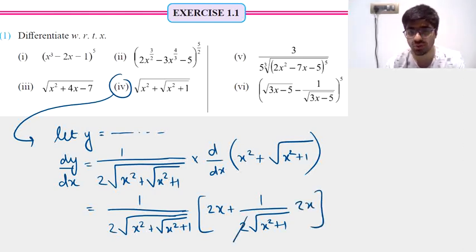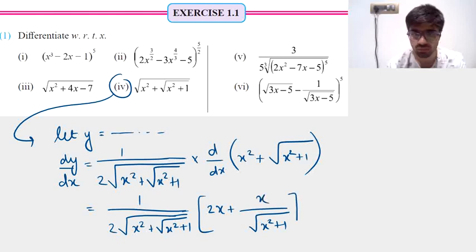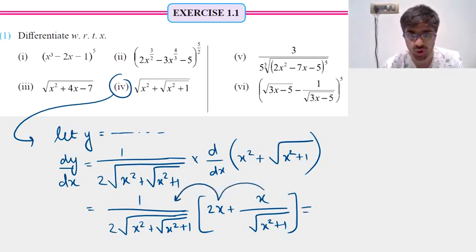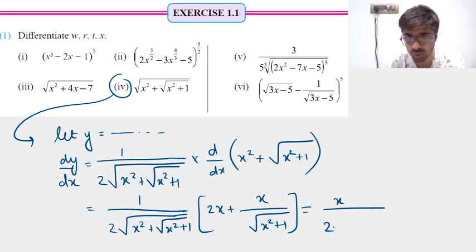And yeah, I can cancel off the 2 here, and finally we are left with only an x in the numerator. You can simplify that and write your final answer as, okay, you can pull out an x common from here, and you can say the final answer is x upon 2 root over x square plus root over x square plus 1.